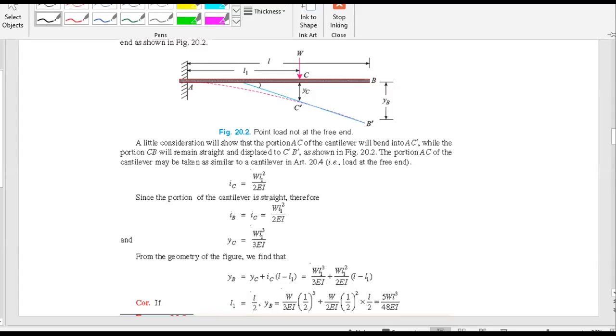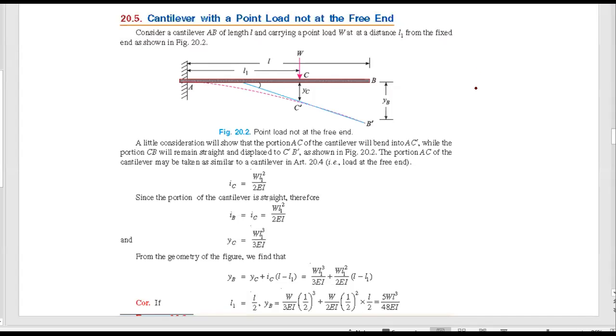Then we had derived previously for a cantilever beam with a point load at the free end, the deflection at the free end will be WL cube by 3EI. Previously we had derived it.